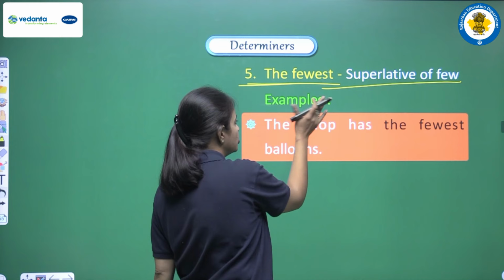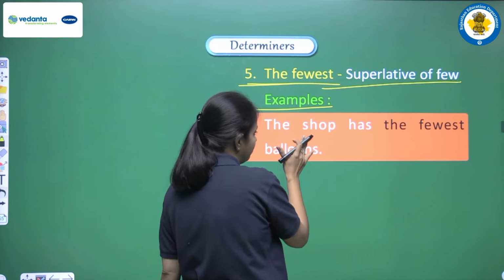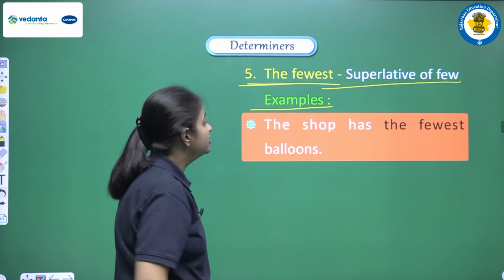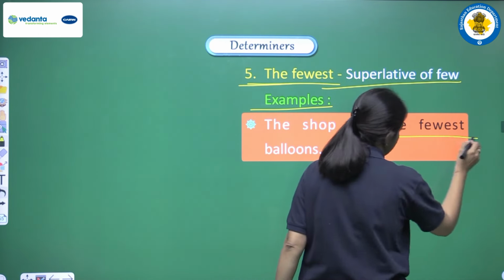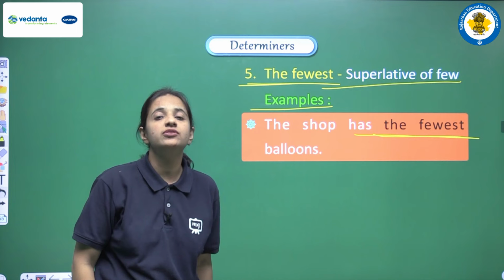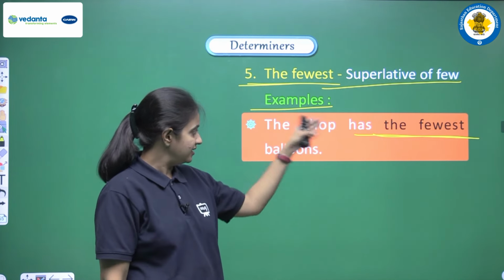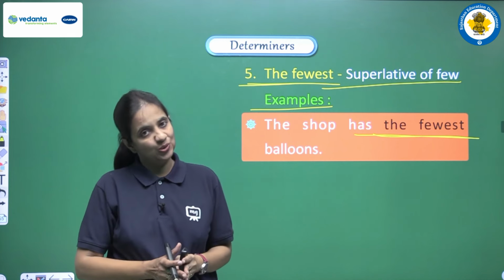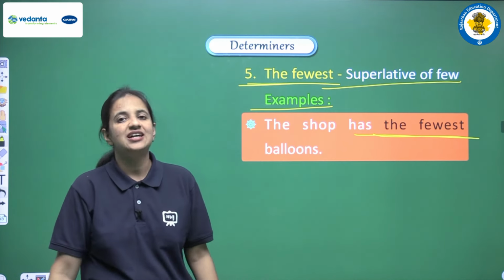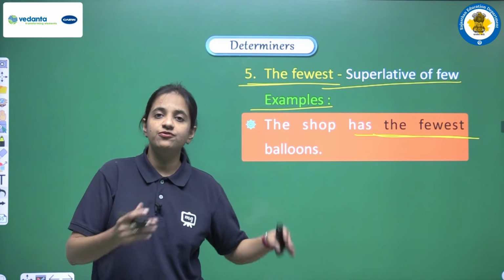So let's see the example. We are having the sentence, the shop has the fewest balloons. So yes, we are having the superlative degree of few, we are using the fewest, and the sentence is that this shop is having the fewest balloons. Okay, so these are the 5 determiners of the few family.